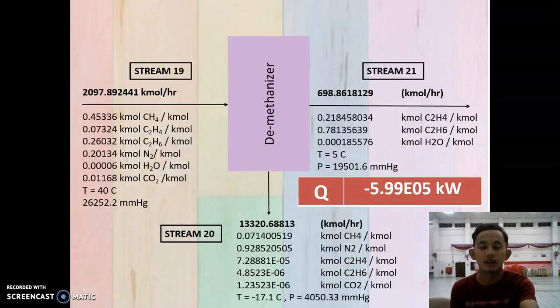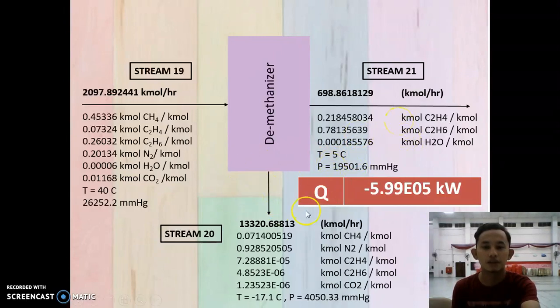The next one is the first distillation column, which is the demethanizer. This is the value of the mole flow rate and the inlet temperature, which is 40 degrees Celsius, and the pressure, which is 26,252. For the outlet, the temperature is 5 degrees Celsius, and the pressure decreases at the vapor stream to 19,000 mmHg.